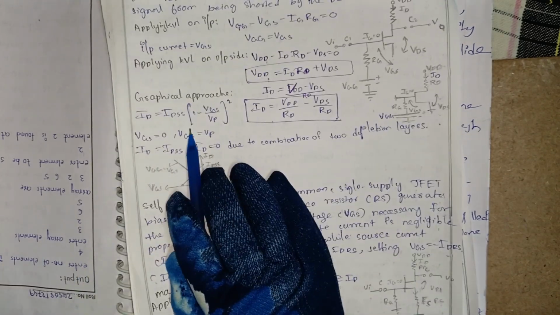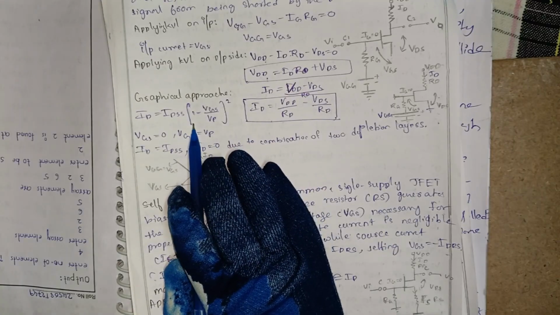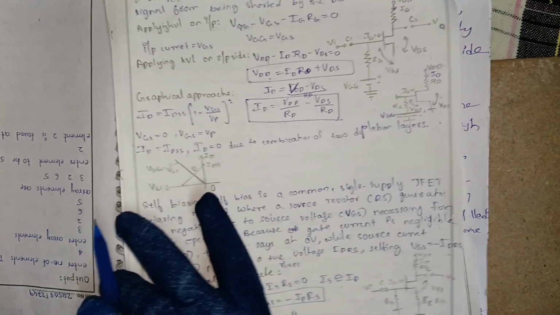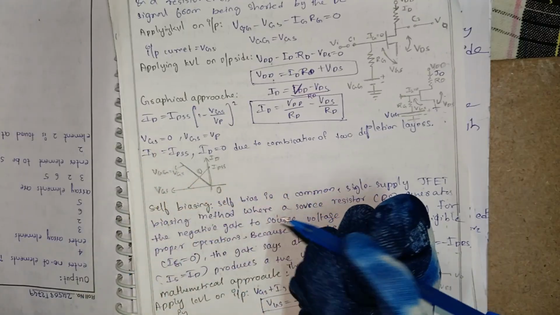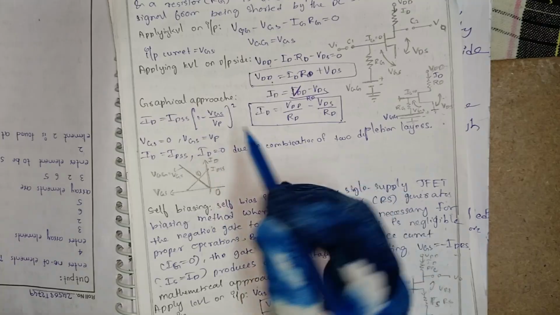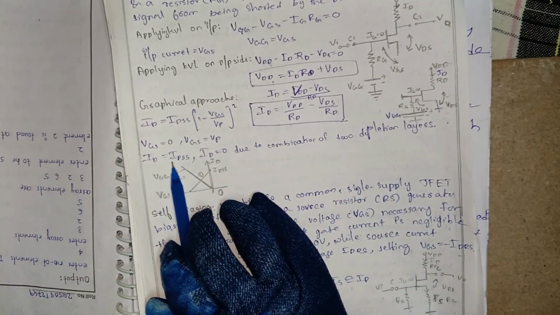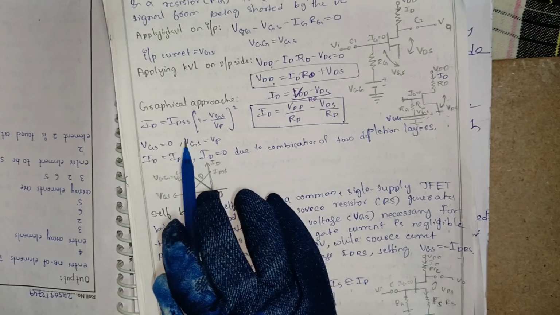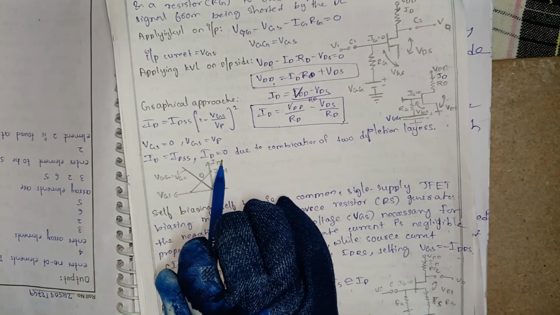And then the graphical approach. So we use this formula to check how the VGS is varying and how the ID is varying. If VGS is 0, then ID is equal to IDSS, means maximum current. If VGS is VP, ID is equal to 0.